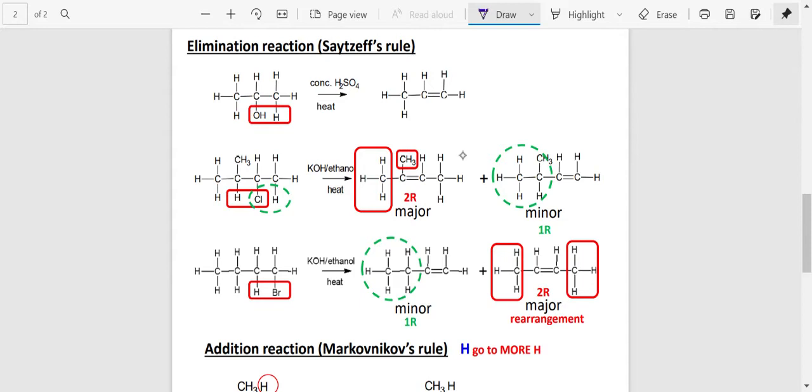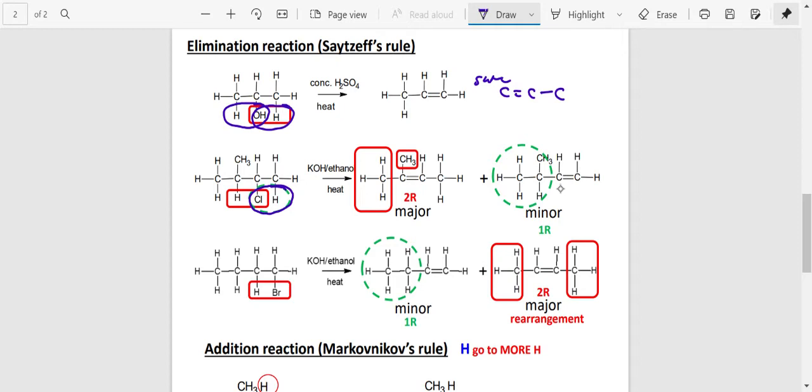Go to Saytzeff's rules. As you can see here, we can eliminate both ways, and we will still get the same product. These two are the same. Now we look at another one. This time, let's say I eliminate on the right.